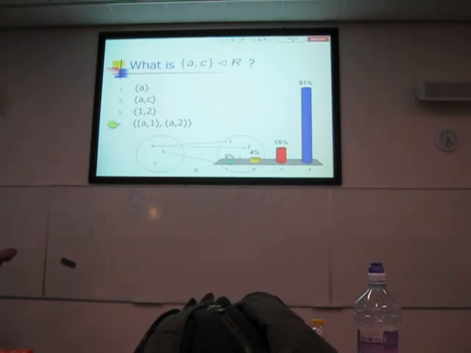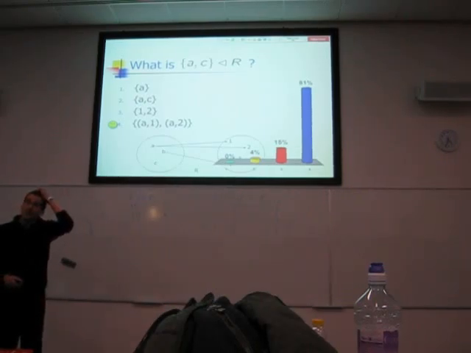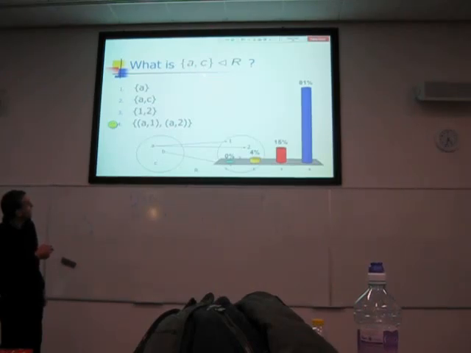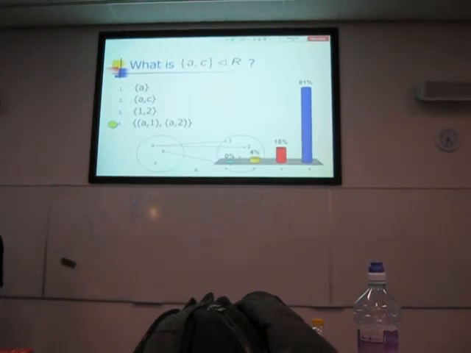Okay. Yes, so this is the domain restriction. So effectively we're looking at the relation and restricting it to the elements A and C. Now C is not involved in the relation, so we're just looking at A. And so the only ones that are in there are 1 and 2 as well.